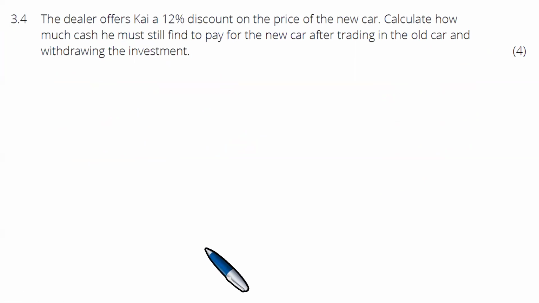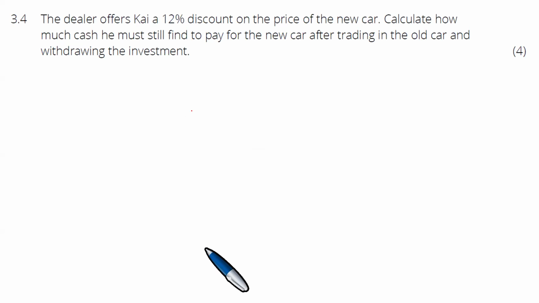The dealer offers Kai a 12% discount on the price of the new car. Calculate how much cash he must still find to pay for the new car after trading in the old car and withdrawing the investment. Okay, the couple of questions that we need to obviously deal with.